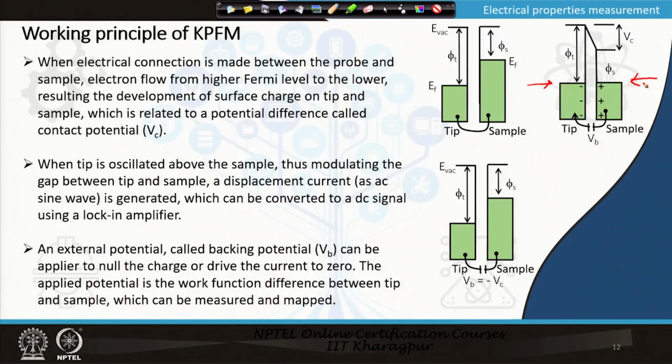A potential difference is created between the tip and sample, and that potential difference is called the contact potential.